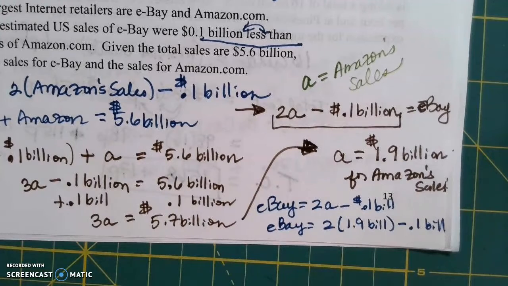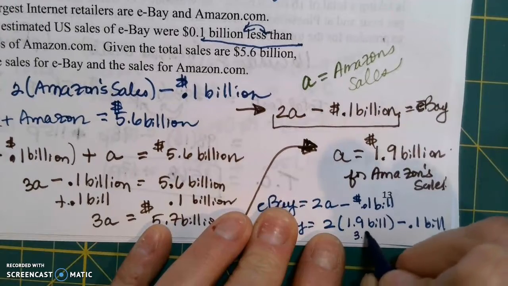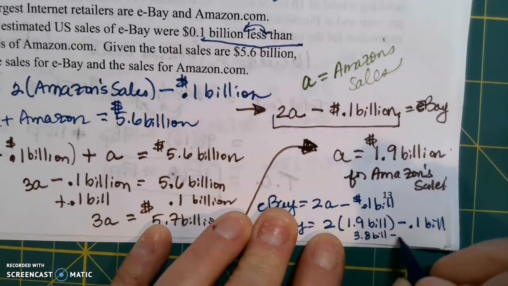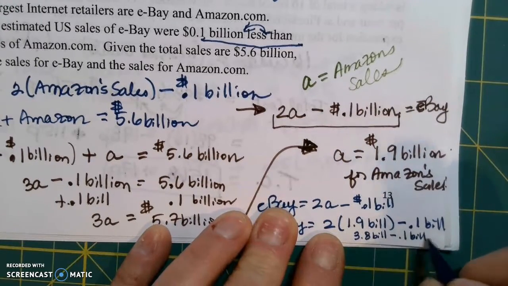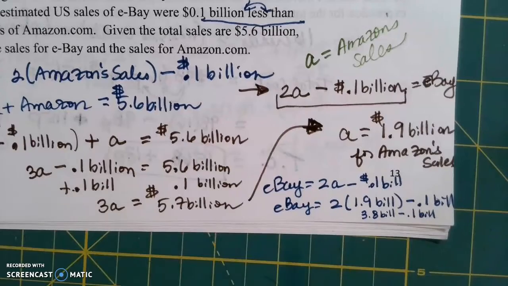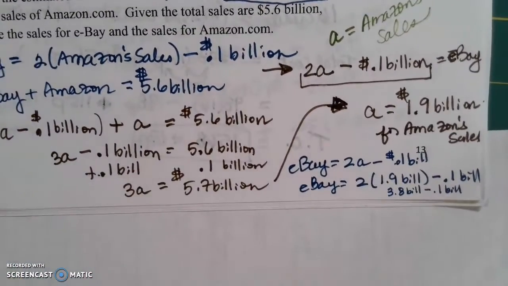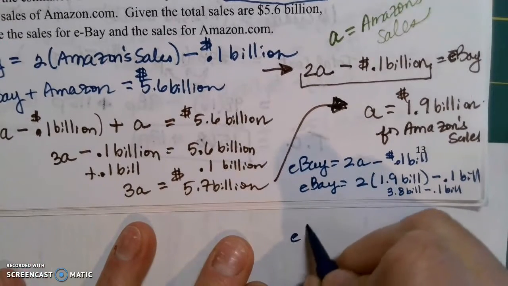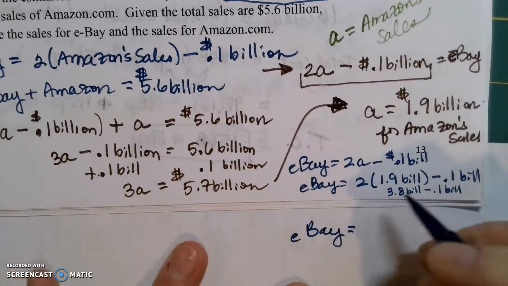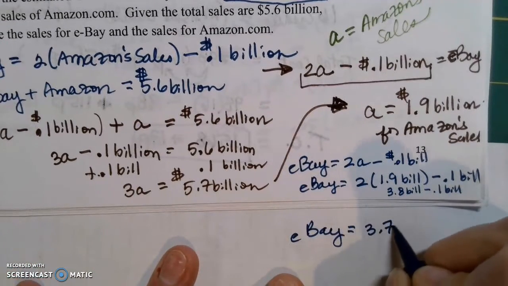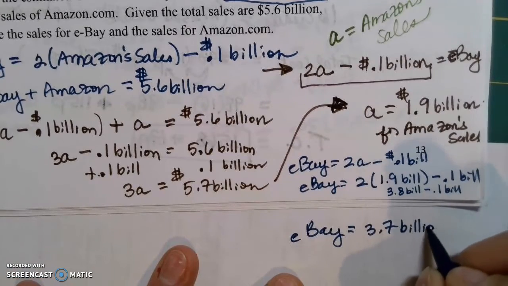All right, so 2 times 1.9 billion should be 3.8 billion. Yep. All right, so 3.8 billion minus 0.1 billion. And I'm running out of space here, so let me, there we go. And I can continue on here. So eBay's sales will be 3.7 billion.